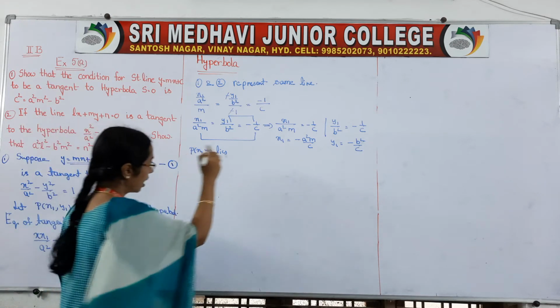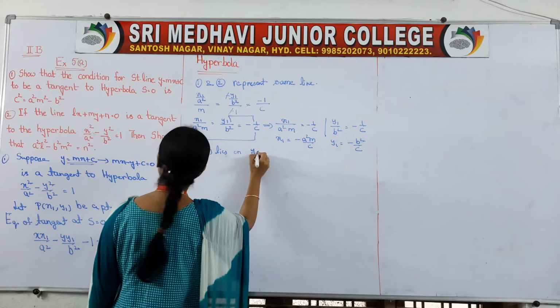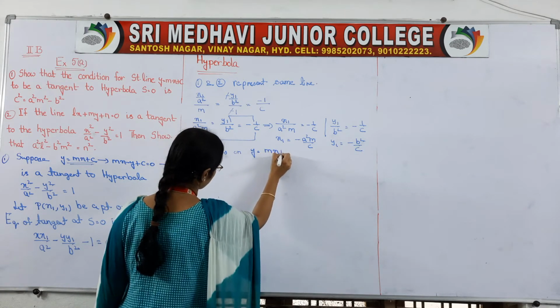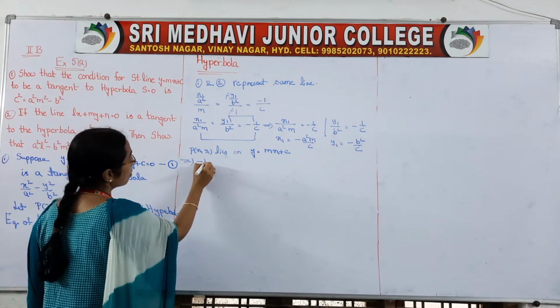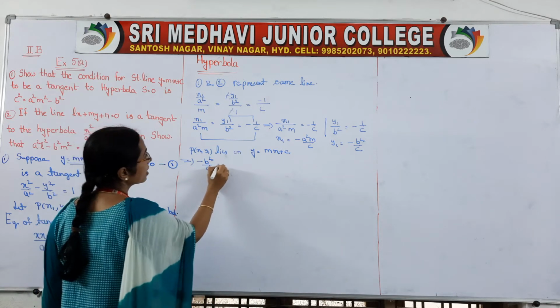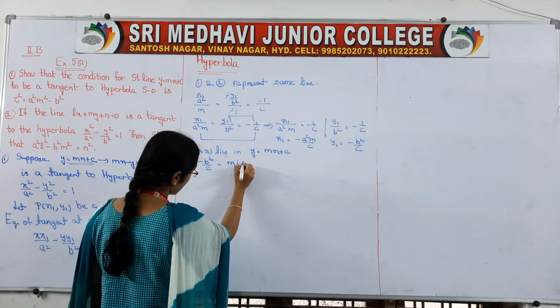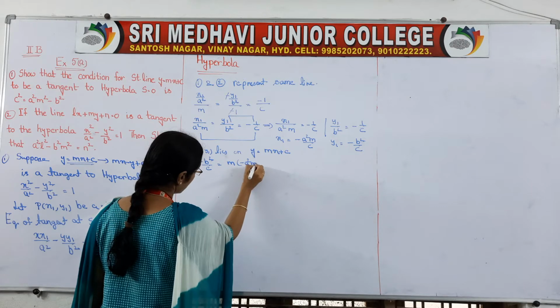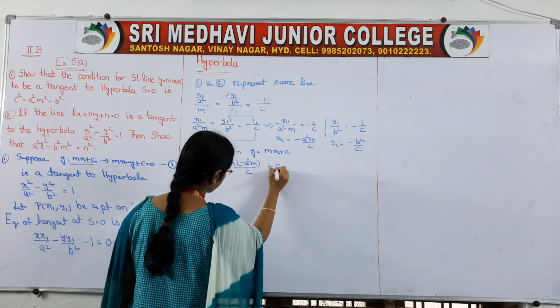So it lies on y = mx + c. That is -b²/c = m(-a²m/c) + c.